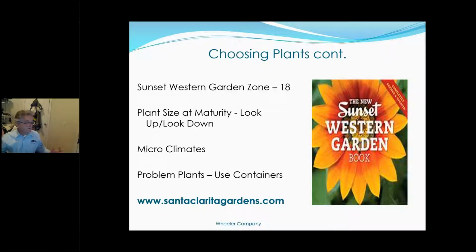If it says a plant will get 5 feet across, that will help you know where to put it. It'll also tell you about the microclimates. And we are zone 18 in the Western Garden Book. Okay? So wonderful resource, strongly recommended. Next.